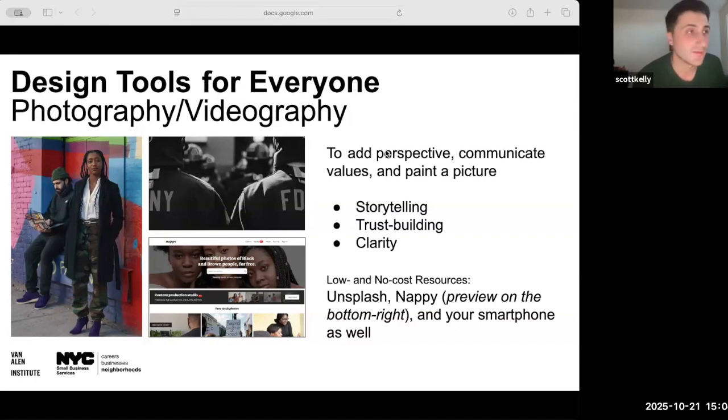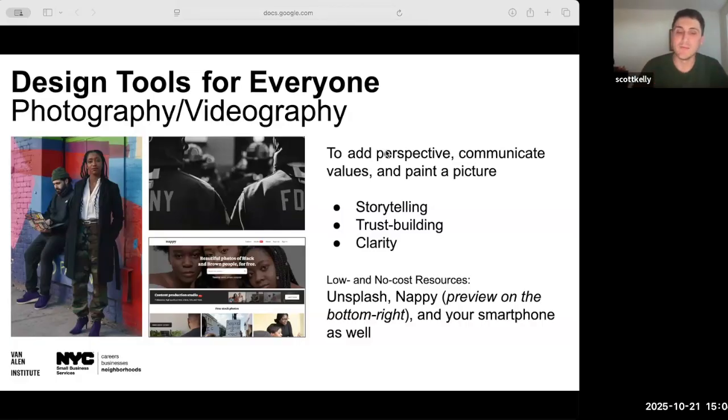But if you're going to take that route and enlist a professional, try to do it in a way that's strategic. So you're creating assets that are reusable for you, like B-roll that you can rely on going forward for a while. In particular, it can be challenging to make photos that don't have humans in them dynamic, like a streetscape or a neighborhood scene.